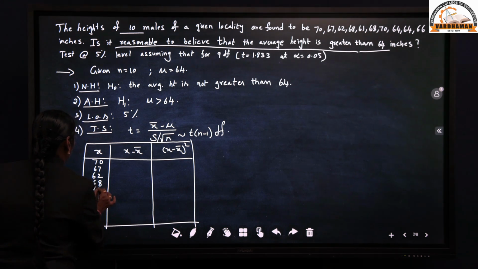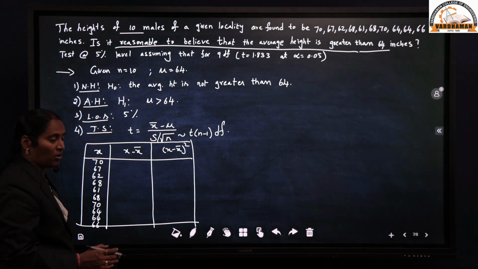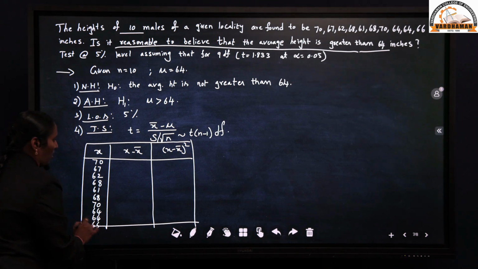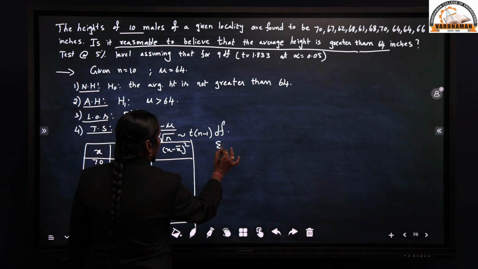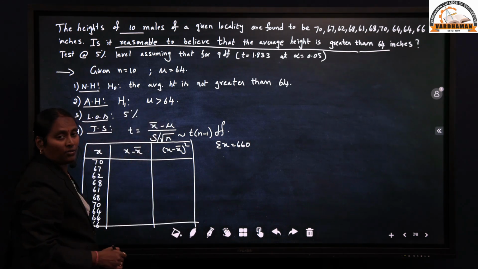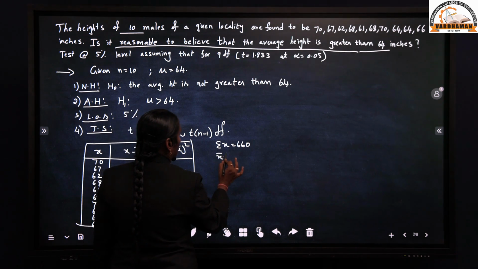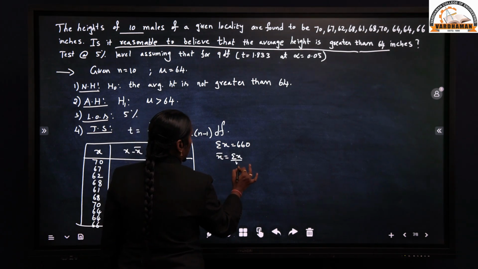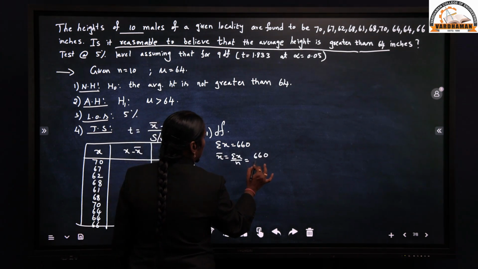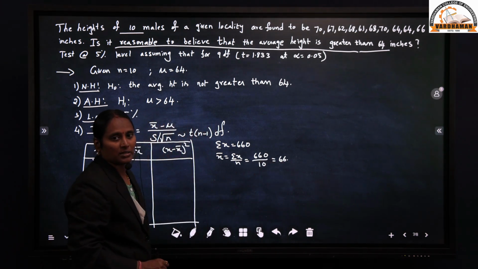Now let us count, these are 10 observations. Now we are going to find the sum of all these observations, summation x, which is 660. In order to find the second column, we need the value of x bar. The value of x bar equals summation x by n, so it will be 660 by 10, and the value of x bar is 66.